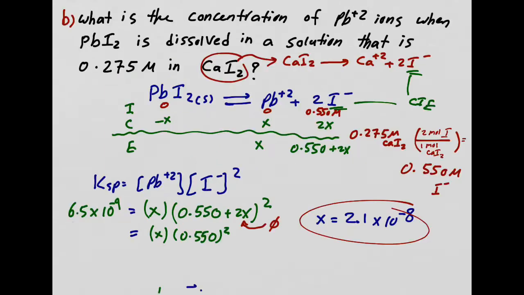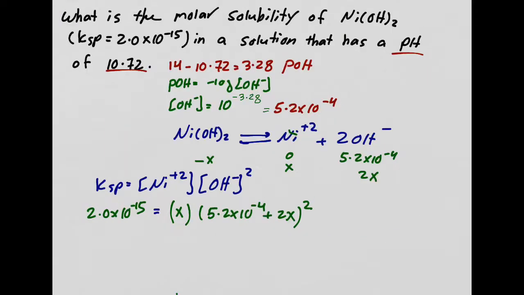The last problem I did an ICE table and I kind of skipped that here. You could do it, you could not do it. Hopefully you get to the point that you're going to be able to do this very quickly. All right. So again, can I assume this is 0? Yes, I can definitely assume this is 0 because the Ksp is so tiny compared to this value. So whatever this is, it will be very tiny compared to this.